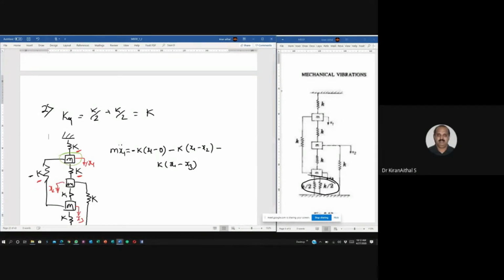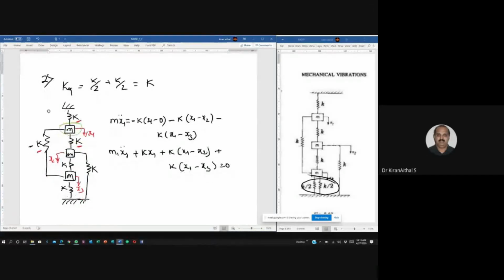Then my equation becomes m1 x1 double dot plus k x1 plus k into x1 minus x2 plus k into x1 minus x3 is equal to 0.